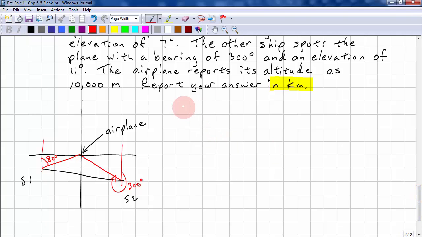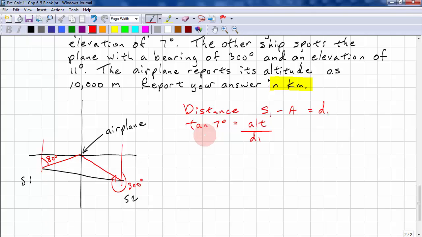So, step 1, let's calculate a distance. We'll do the distance from S1 to the airplane, ship 1 to the airplane, and we'll call this D1. So, this is a tangent operation. The tangent of 7 degrees equals the altitude over D1. We don't want to use the sine function because that would give us the distance to the airplane in a straight line.